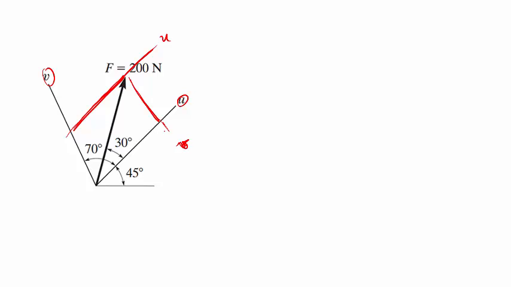Okay. If we look at the angles, here is the 30-degree angle, so this here would be 30 degrees, and of course this is 70, so here we have 40, so alternate angles here would be 40.